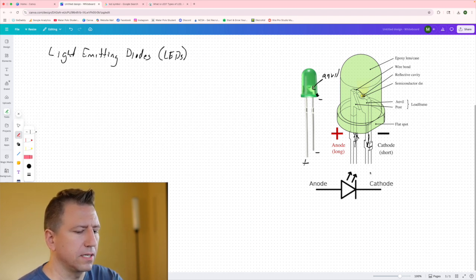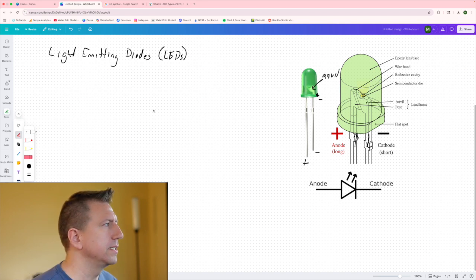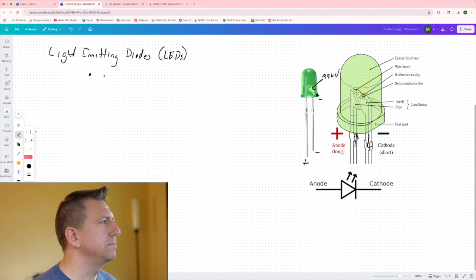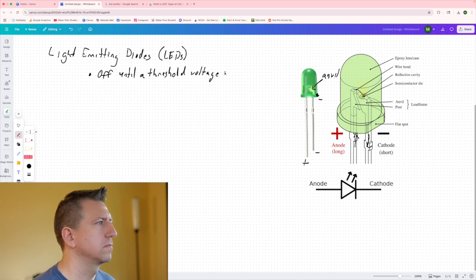Let's talk about a couple things about the behavior of an LED. First off, it behaves in such a way that it's off until a threshold voltage is met, and then it turns on.